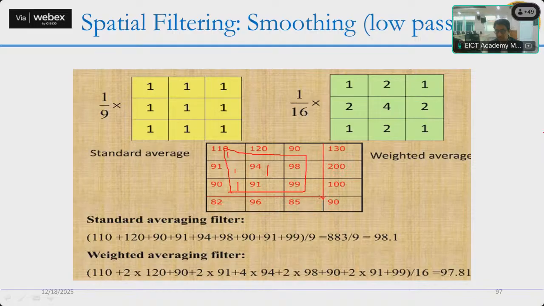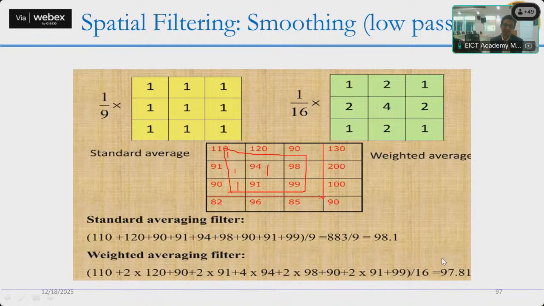Parvesh has asked one question, so let me check. The 1 by 9 matrix and the 1 by 16 matrix are two different filters. Yes, definitely, they are different filters. They are both actually linear filters.